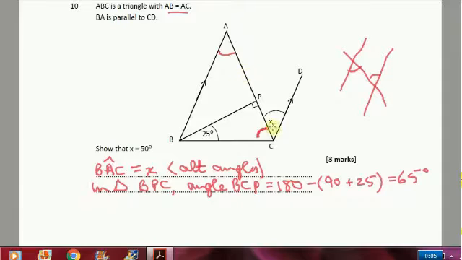But it's an isosceles triangle, ABC. So two sides are equal means the corresponding two angles are equal. So 65 there means that this one is 65. So angle ABC equals 65 because we're in an isosceles triangle.